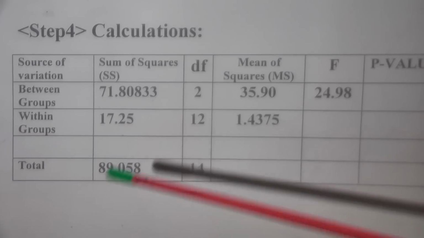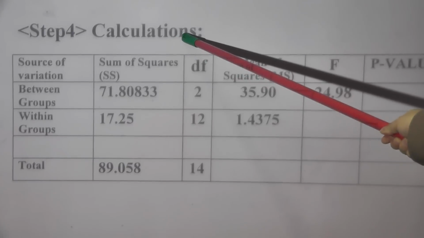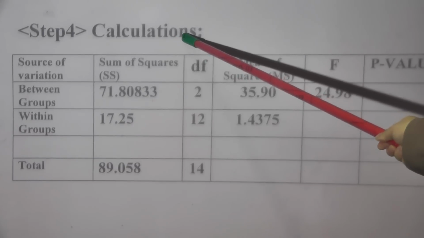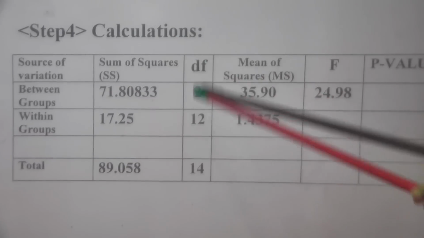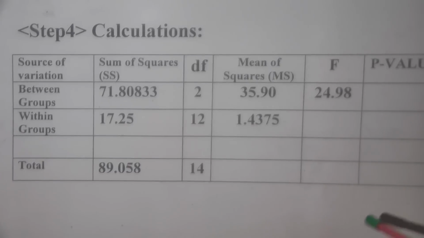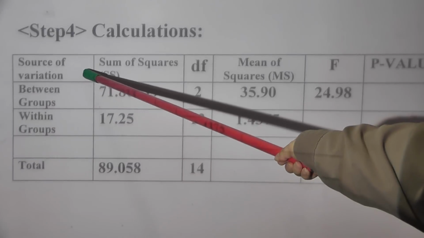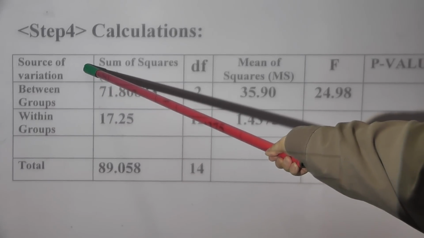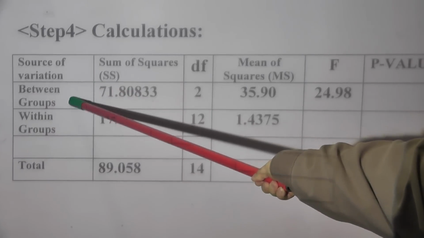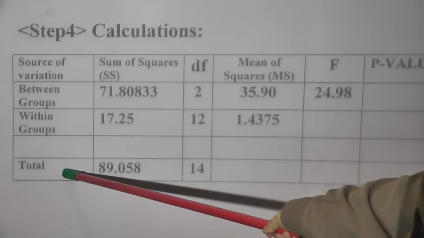Now, let's look at the calculation. This is called ANOVA table, okay? Here I give you 6 columns, okay? Let's look at what's in the first column. Source of variation. Well, between groups, within groups, and total.